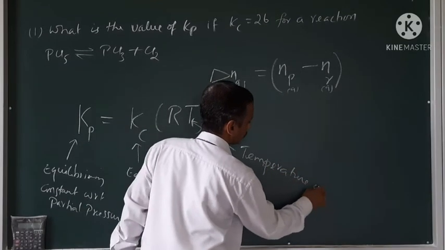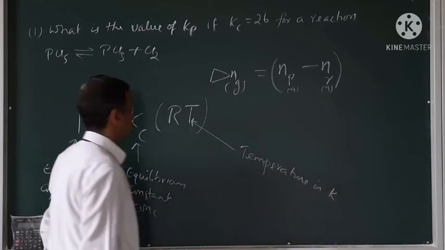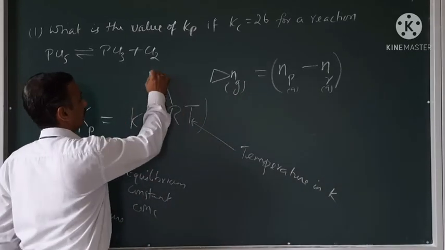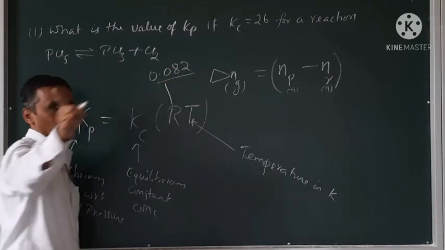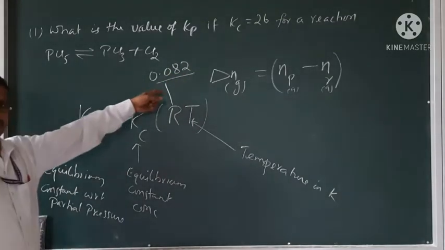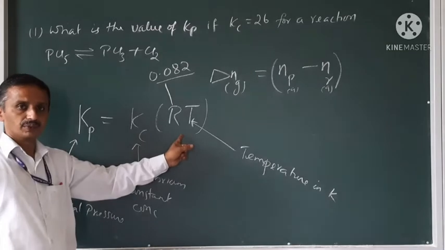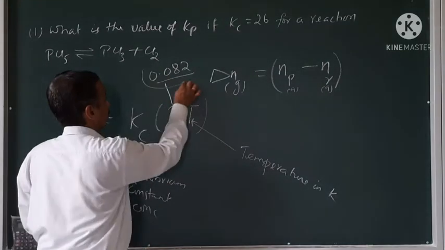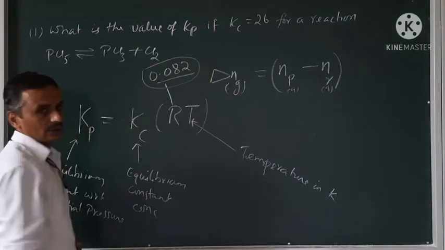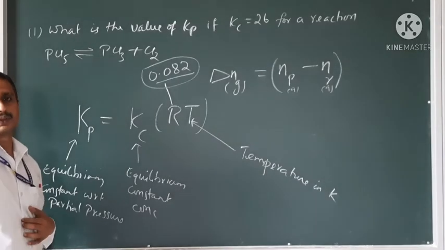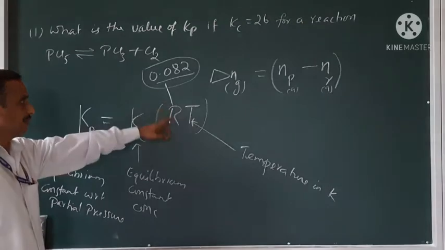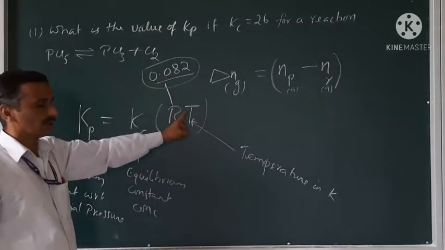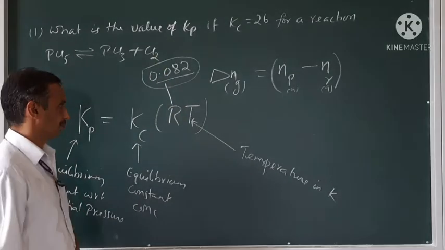Remember this. And the R value you have taken as 0.082, not 8.314, in atm. So the R value you have taken as 0.082, which is not in the kilopascal or pascal pressure. It will be in the atm pressure.